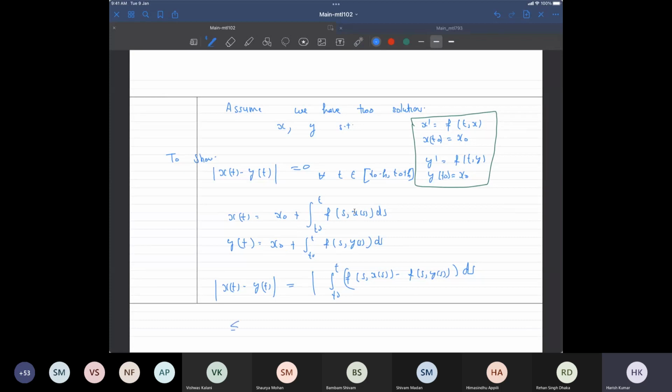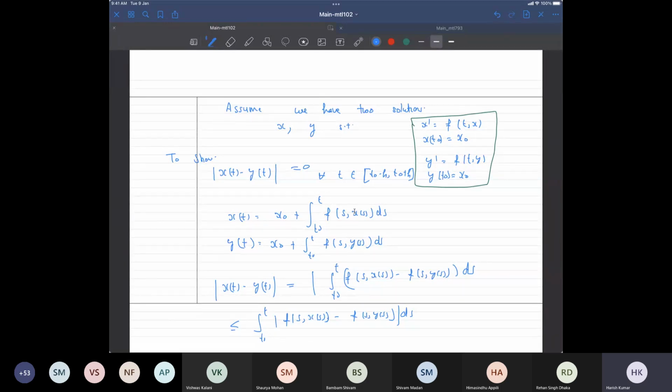Now this is less than or equal to integral t naught to t of modulus of f(s, x(s)) minus f(s, y(s)) ds. So I took the modulus inside.